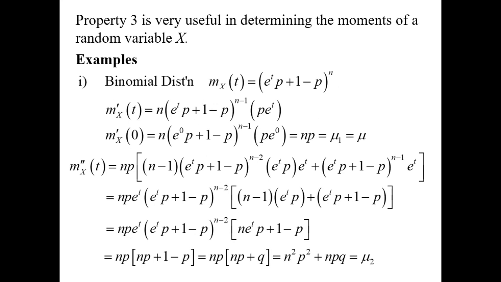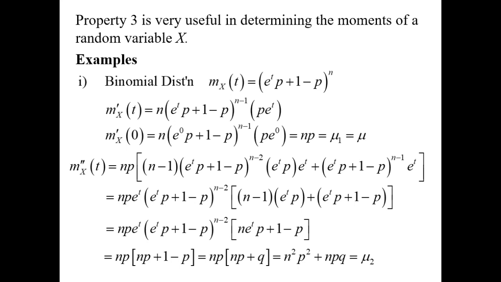Some examples: for the binomial distribution, the moment generating function M_X(t) is equal to (p e raised to t plus 1 minus p) the whole raised to n. We can easily differentiate with respect to t and put t is equal to 0. We'll get the first moment, second moment, third moment and so on.